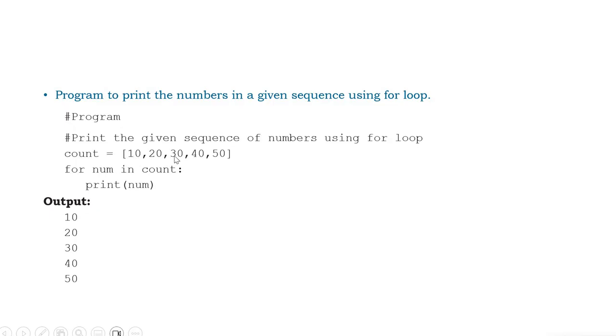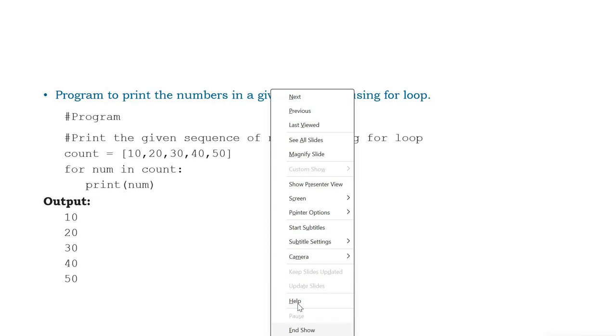Num will represent each element one by one. In is a keyword, for is a keyword, and count is the name of this list or sequence. So we write for num in count and then print num. Print num means the value of num will be printed, so it will print all those things one by one.